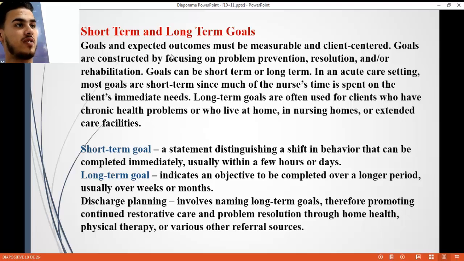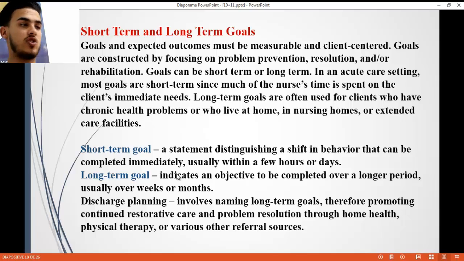Goals and expected outcomes must be measurable and client-centered. Goals are constructed by focusing on problem prevention, resolution, and rehabilitation. Goals can be short-term or long-term. Starting with a short-term goal, it is a statement distinguishing a shift in behavior that can be completed immediately, usually within a few hours or days.